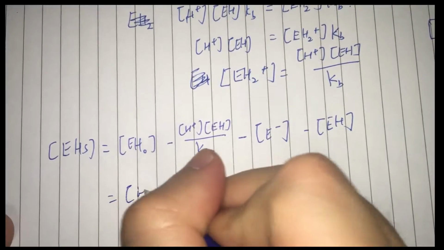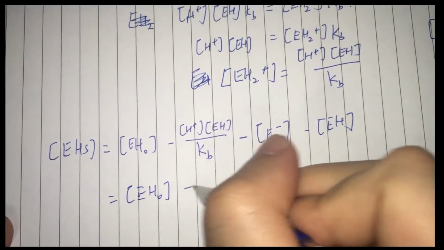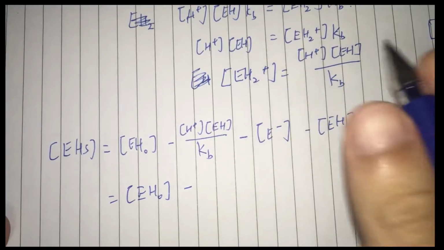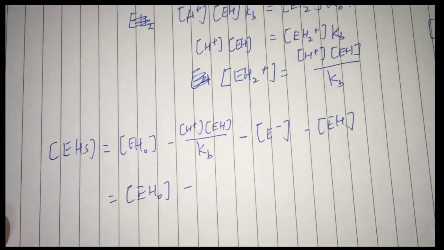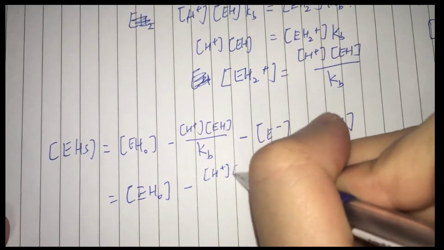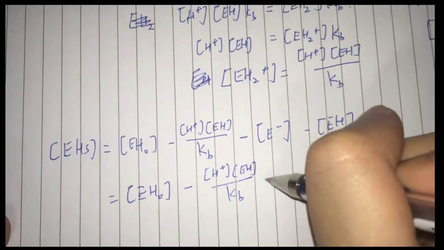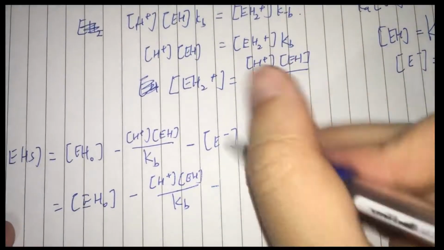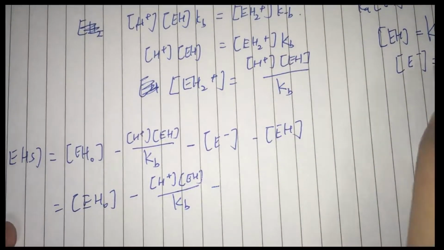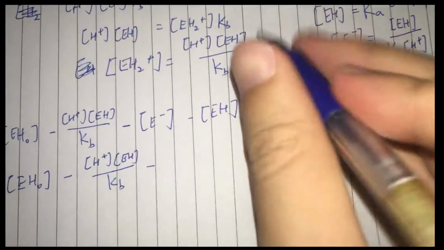So you have the EH naught minus. Okay, so I'm just going to factor. Never mind. Let's not factorize it. There's a careless mistake. We want to prevent careless mistakes. So you have the E minus, concentration of E minus, which is EH over Ka H plus.